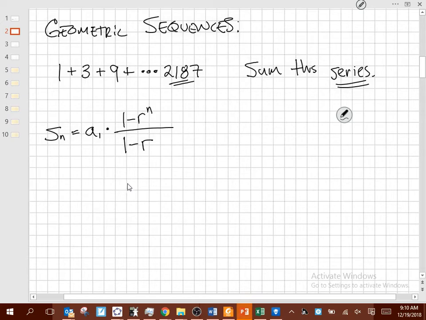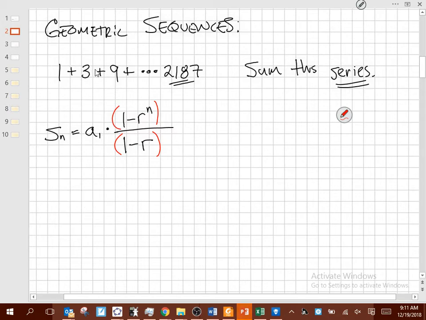When you're typing this on your calculator, make sure that you put parentheses in there. You're going to type it all in at one time, and that will make sure that a sub 1 gets distributed to the numerator correctly.